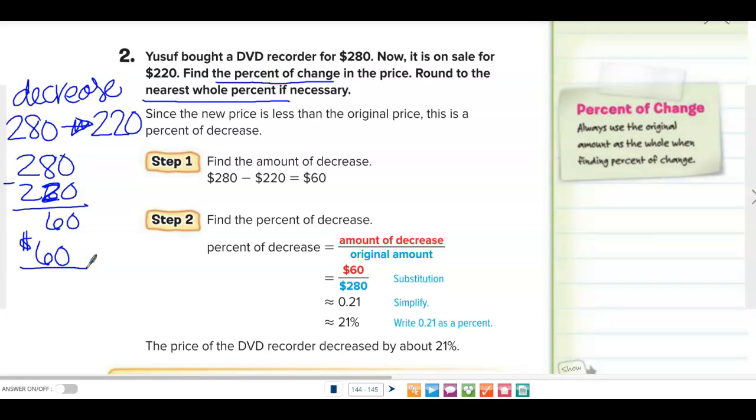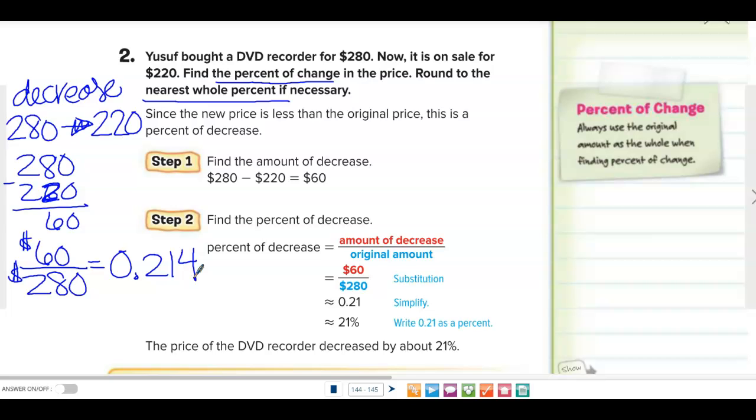and we're going to divide it by our original amount. What was the original, Emma? 280, because that's what it started out as. When I take 60 and divide by 280, Madison, you want to tell me what I get? Okay, I'm going to write 3 past the decimal because we need to round to the nearest whole percent.